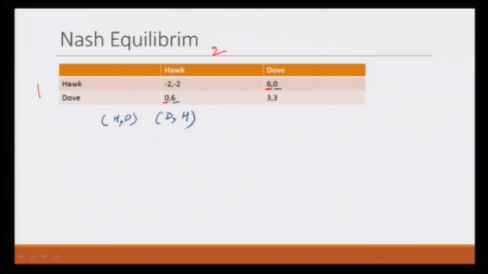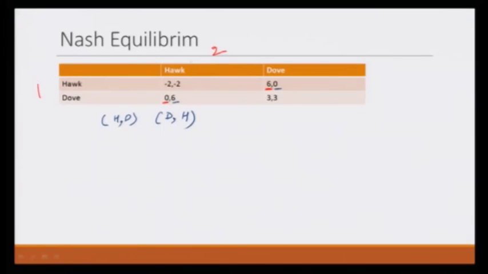Do we have any other Nash equilibrium? You have also learned to obtain mixed strategy Nash equilibrium. So how can we obtain the mixed strategy Nash equilibrium? We should draw the graph. Let us say player 1 thinks that player 2 is playing hawk with probability Q and dove with probability 1 minus Q. So how much will hawk give to player 1? Let us write in the standard way.